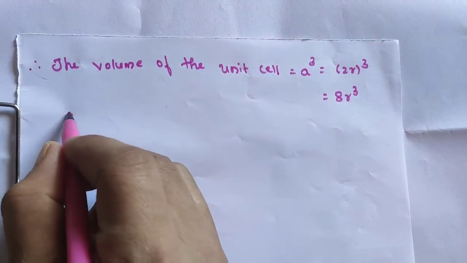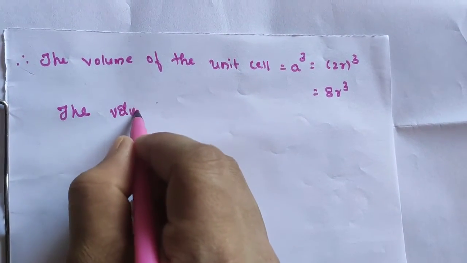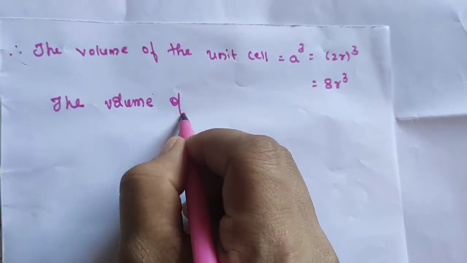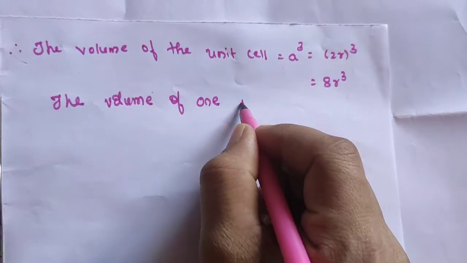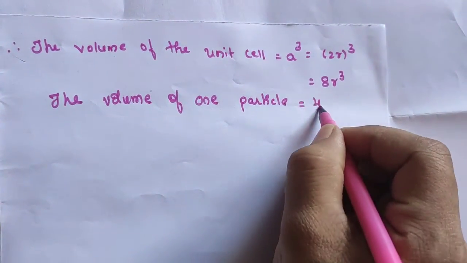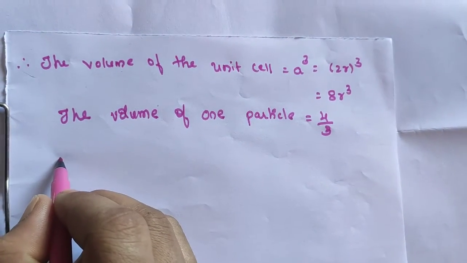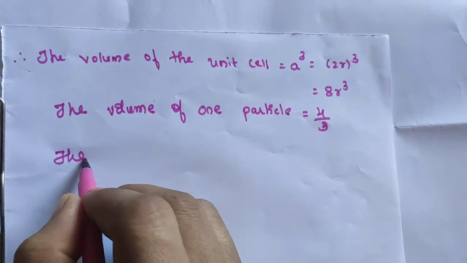Then the volume of one particle is taken to be 4/3 pi r cube.